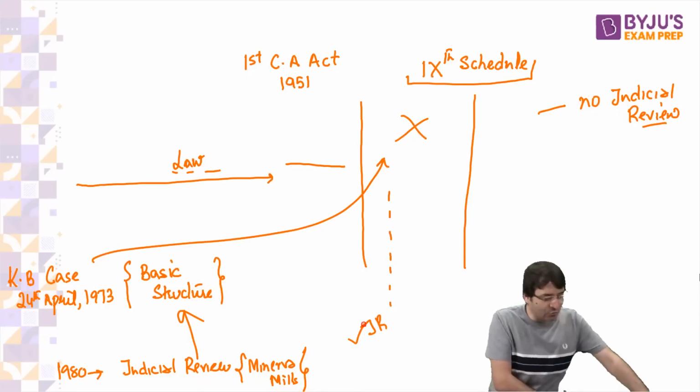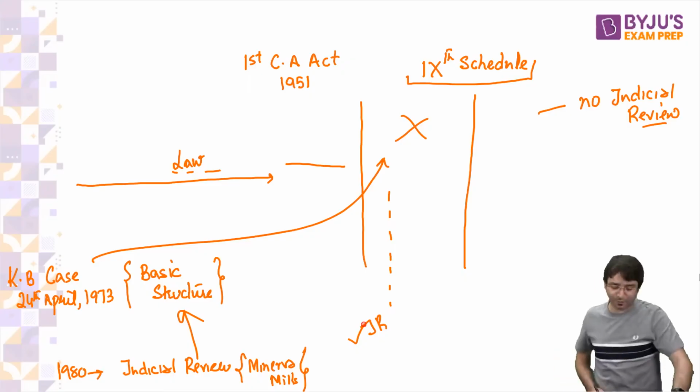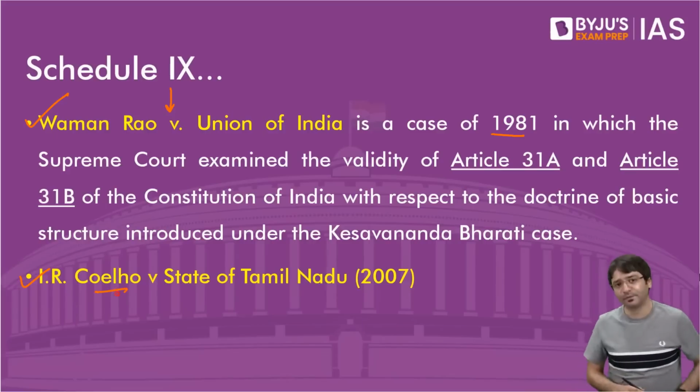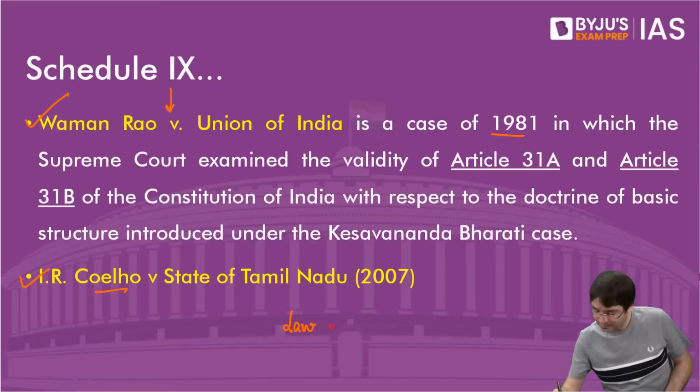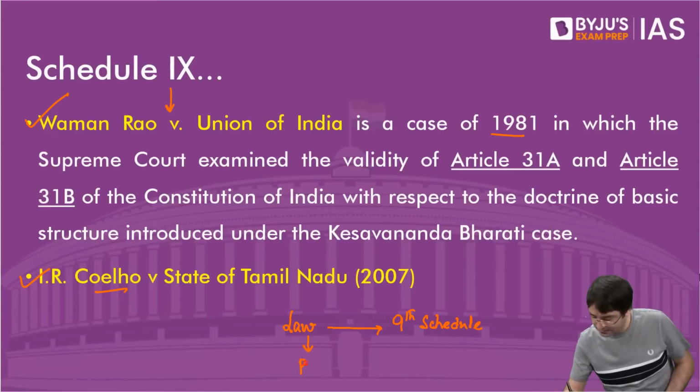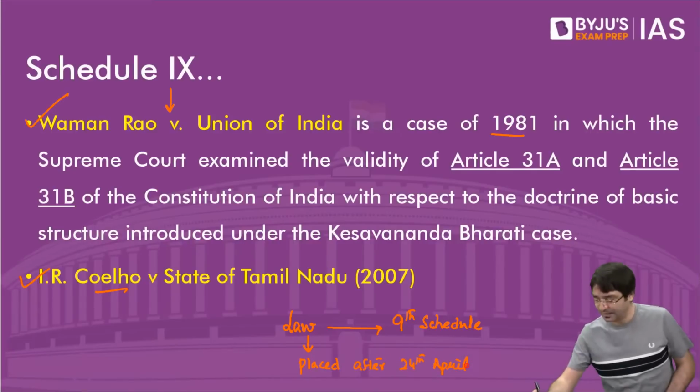But then in the IR Coelho case, the Supreme Court said something else. For example, there is a law, listen to me carefully, which is placed in the Ninth Schedule, but this law is placed after 24th April 1973.